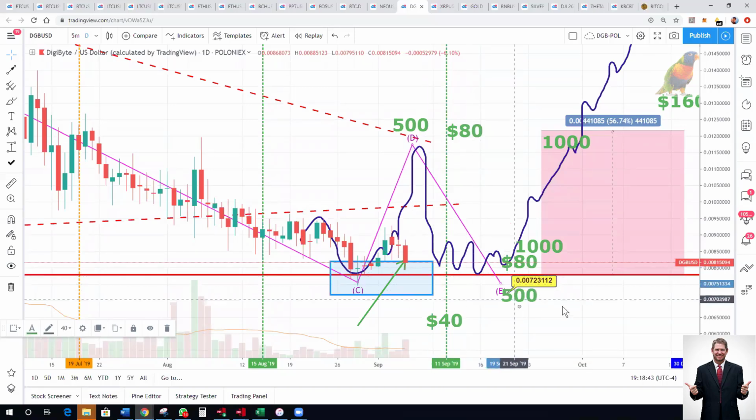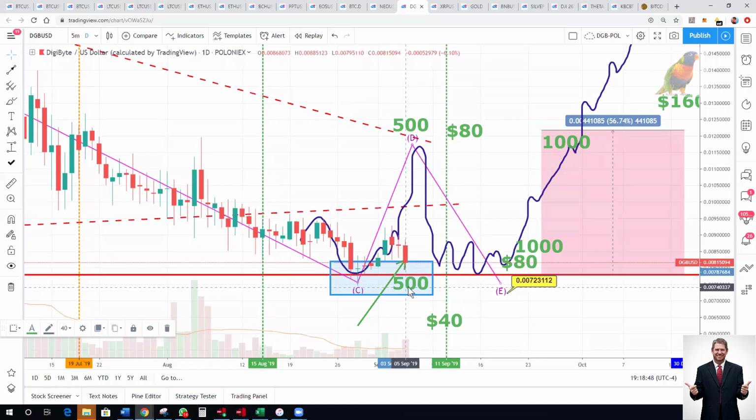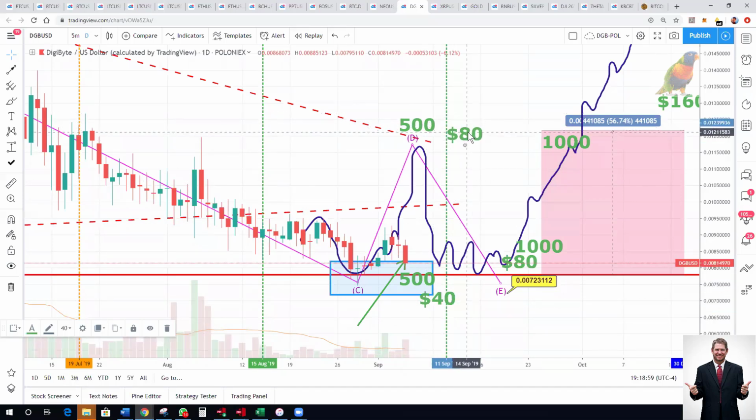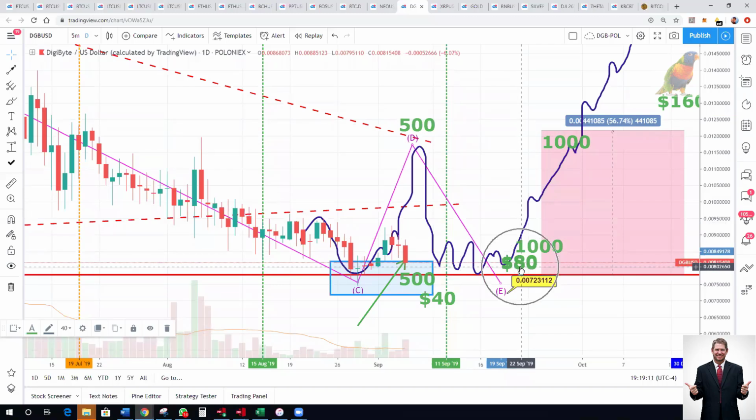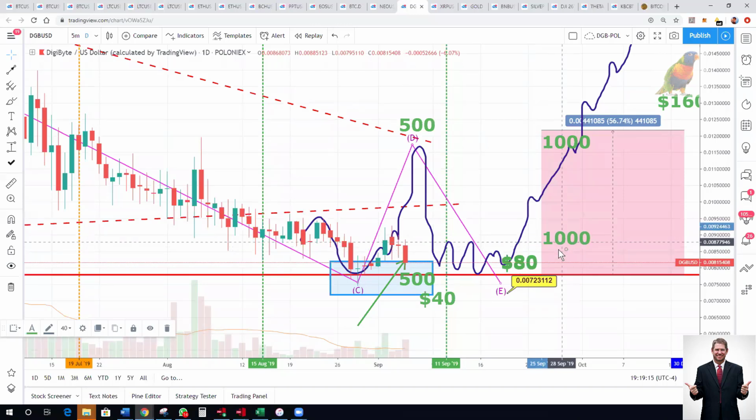Just for those people who are wondering, what is this $500 in here? This is what we call farming, guys, just for those new people who don't know. If you buy 500 DigiByte here on the bottom, when it hits that top, you still have 500. If you spend $40 to buy the DigiByte, your value now is $80. Remember, because it doubled in value. That's a 100% move, if we assume a 100% move. When you take that $80 and you bring it down here to the bottom, if you take the $80 and you buy DigiByte at the same price again, you now have 1,000 DigiByte.